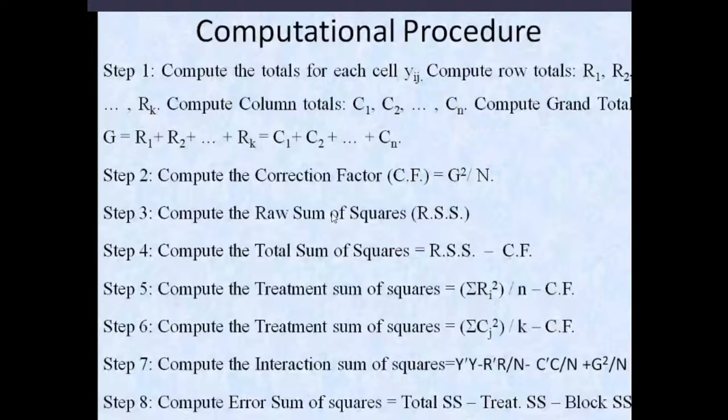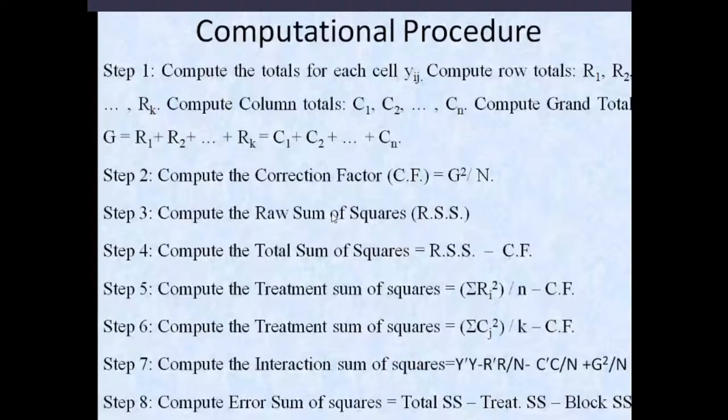Total sum of squares is equal to the raw sum of squares minus the correction factor. Then compute the treatment sum of squares, which is equal to the squares of each of the row totals by the number of observations in that row, minus the correction factor.